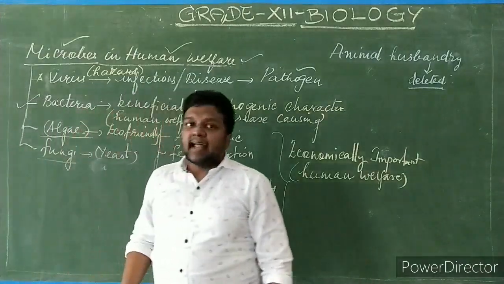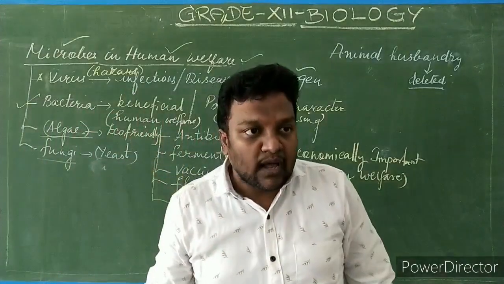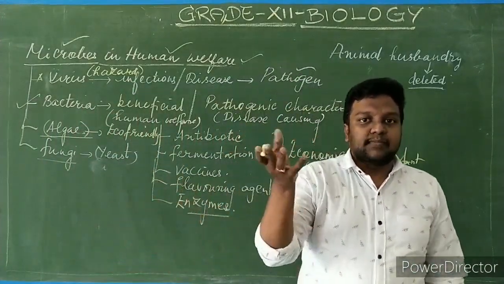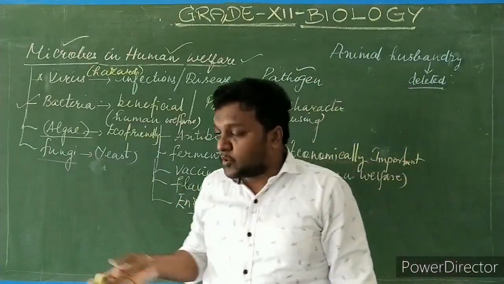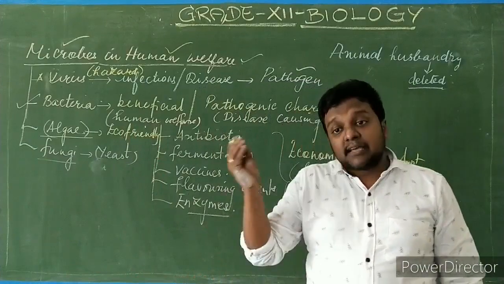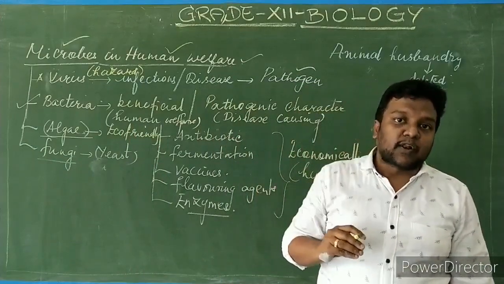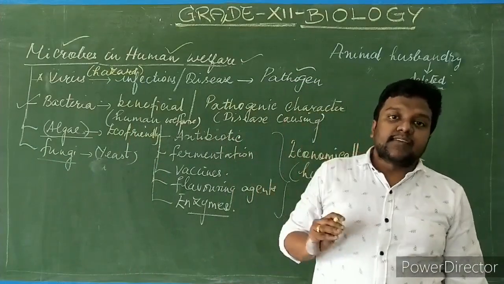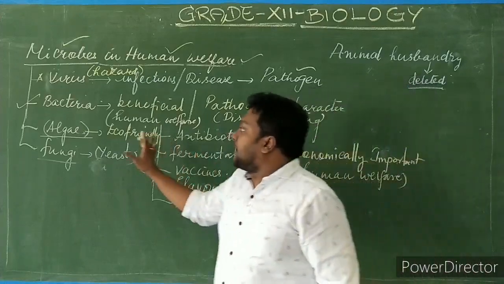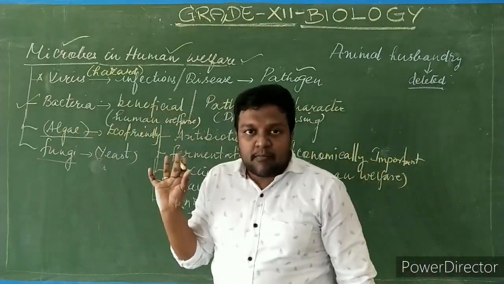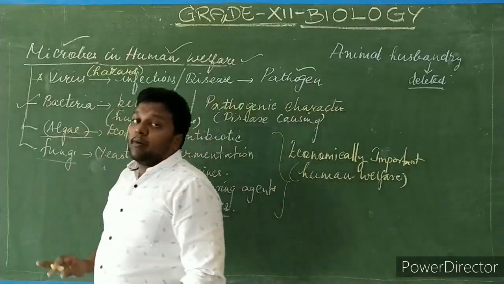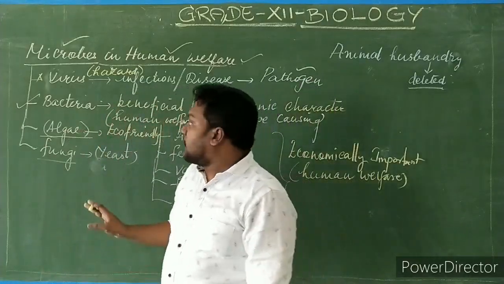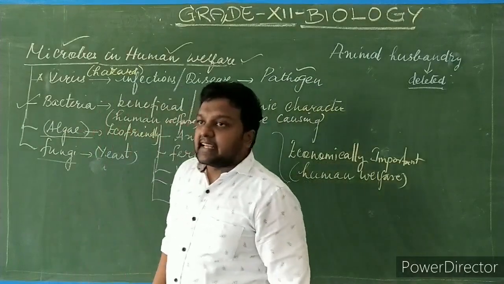Other than that, algae have some applications, such as agar production for culture media and microorganism growth, some industrial and pharmaceutical production, and some cheese industries. Eco-friendly is the main role.